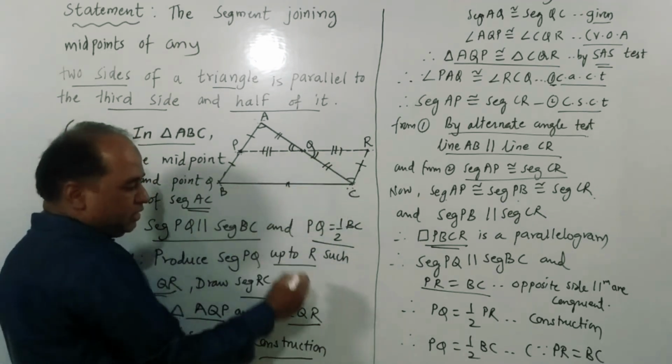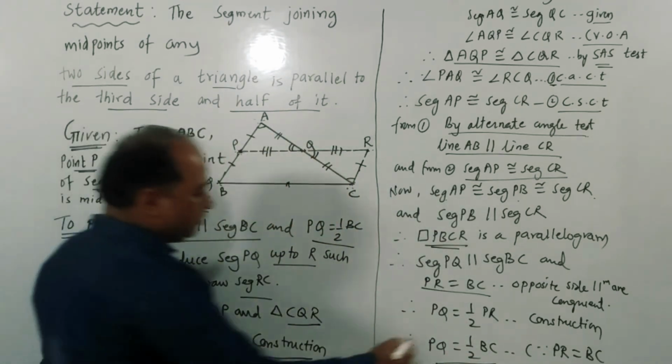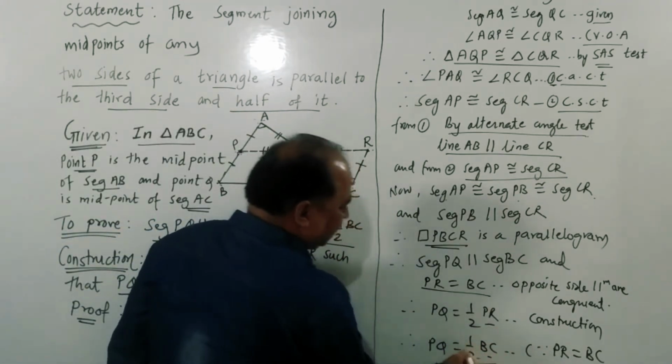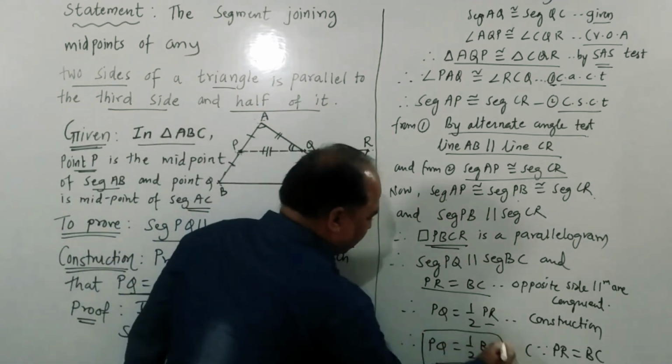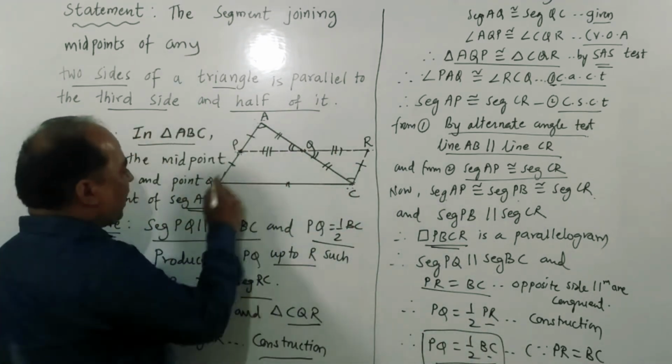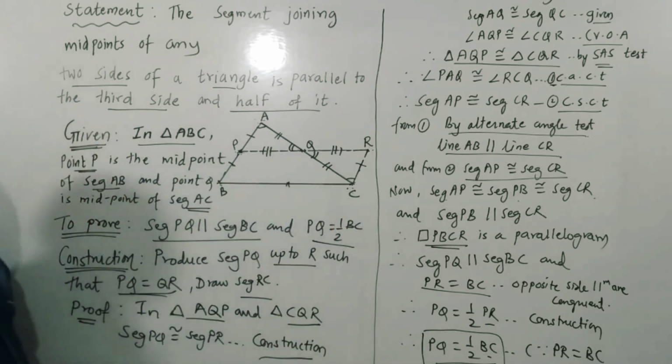Therefore, PQ is equal to 1/2 BC. Hence, we have proved that PQ is parallel to BC and PQ is half of BC. Hence, we have proved the midpoint theorem.